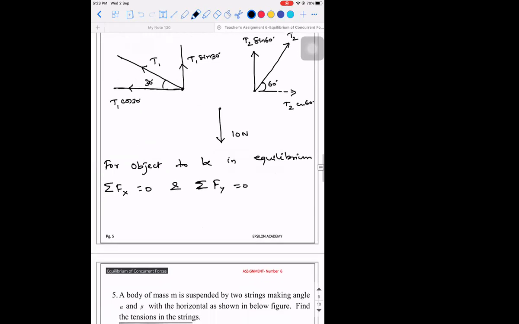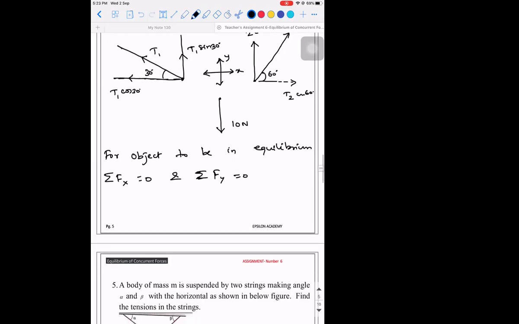So tell me what are all the forces acting in the x direction. If I take the reference as x and y, look at all the three diagrams. In all the three diagrams, what are all the forces acting in the x direction? T1 cos 30 and T2 cos 60.